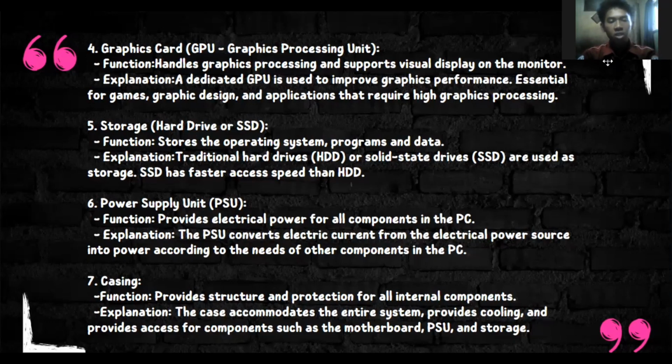Function: provides structure and protection for all internal components. Explanation: the casing accommodates the entire system, provides cooling, and provides access for components such as the motherboard, PSU, and storage.